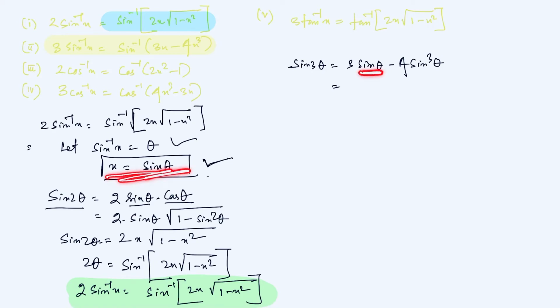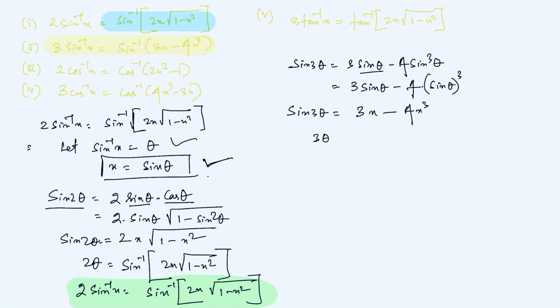So now you replace sine theta by x. This is going to be 3 into sine theta minus 4 into sine theta whole cube, so 3 into x minus 4 into x cube. But this is sine 3 theta, so 3 theta is equal to sine inverse of 3x minus 4x cube.